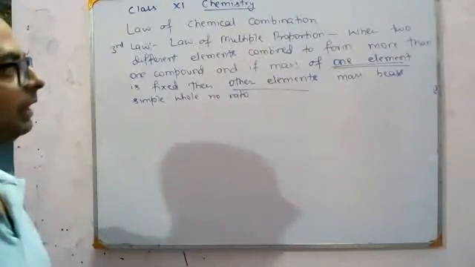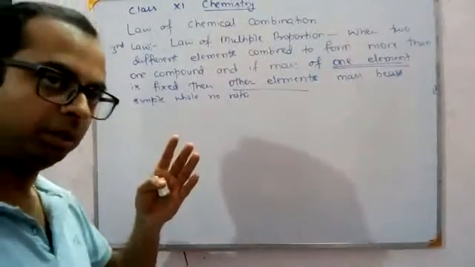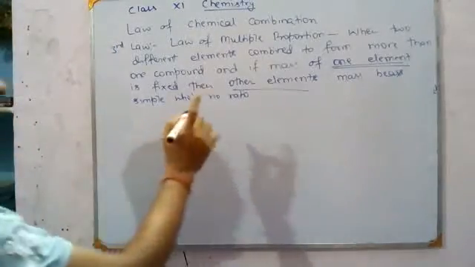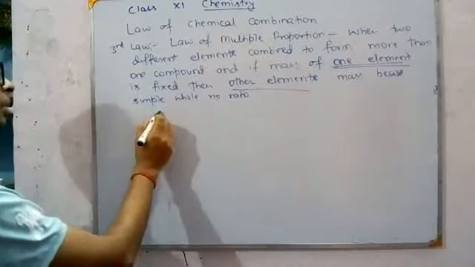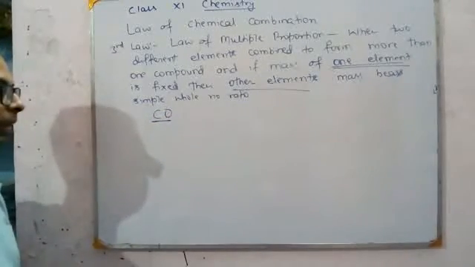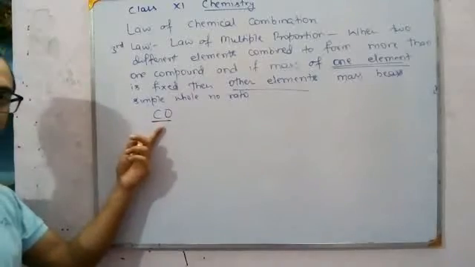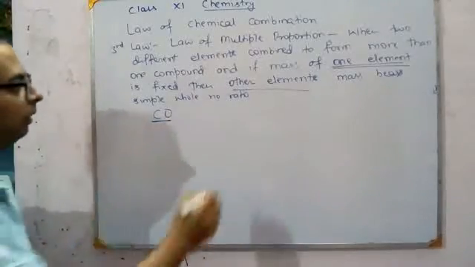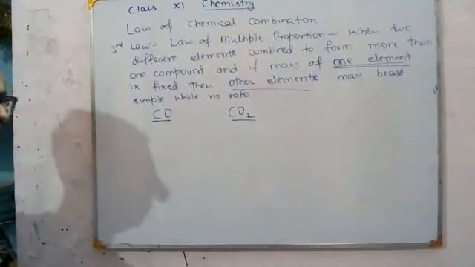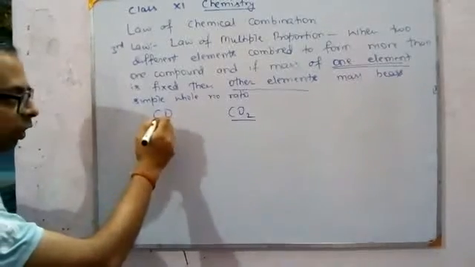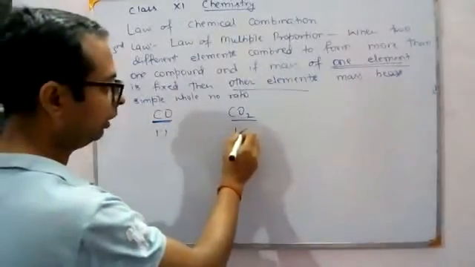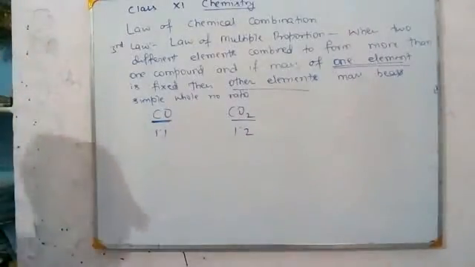To understand this, we need to see it with a very clear example. This will give you a clear idea of how it works. Here we can see carbon and oxygen. These two elements combine to form CO, that is carbon monoxide, and the next example is CO2, carbon dioxide, right? What is the ratio of these two elements? Here it is 1:1, and here it is 1:2, right?